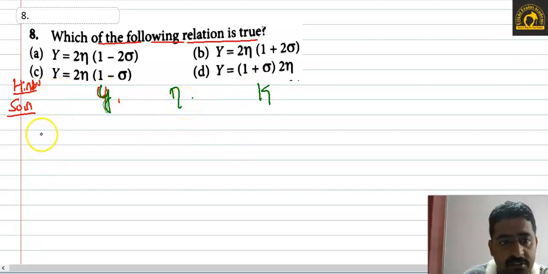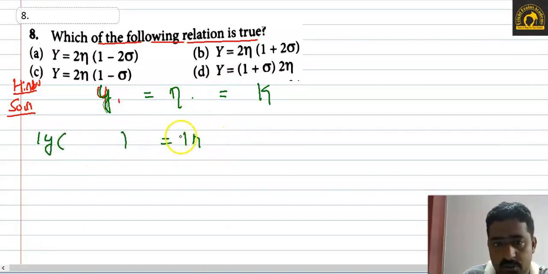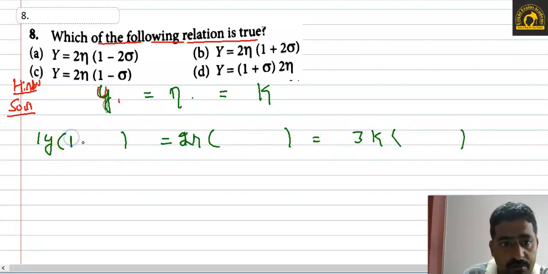A very simple method: first you equate them. Then 1 over Young's modulus is in the bracket, then 2 eta bracket, then that is equal to 3k bracket. Then 1 minus, minus, 1 plus, start with minus, plus, then again minus.